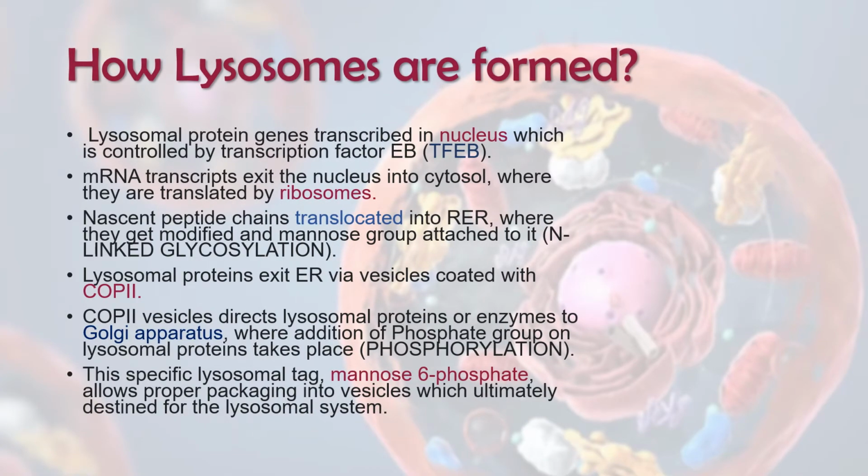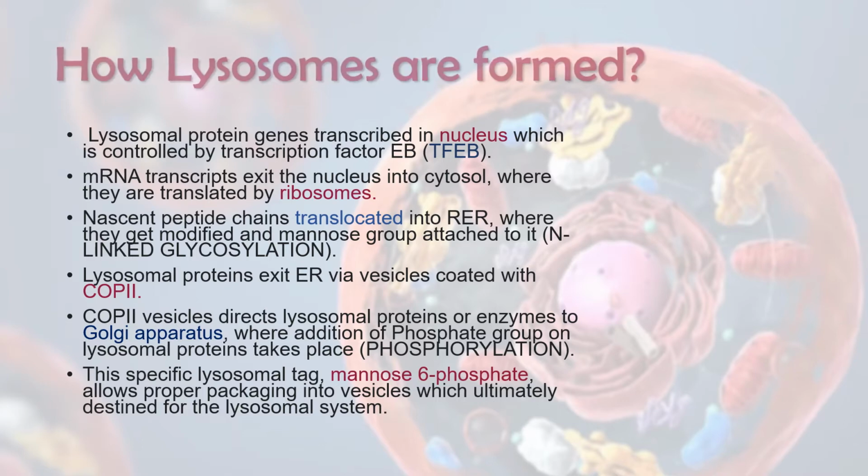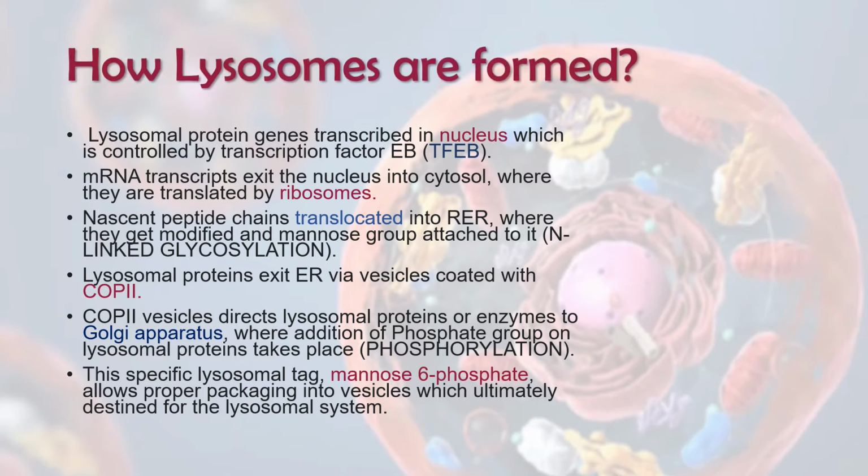Now we know what a savior these organelles are for a cell. So let's talk about how lysosomes are formed. We know that lysosomes are vesicles budding off from the Golgi apparatus.